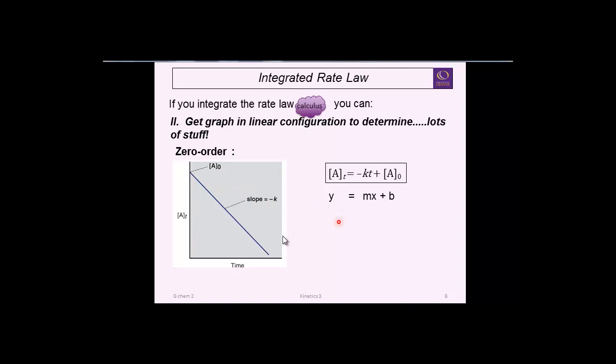Okay? Well, look at all the stuff. The slope of this equation is actually the minus the constant. So if you put this together and graphically saw the slope, you could pick all this apart. But the key on this is it's a plot of the concentration versus time. It'll be linear if it's zero order.